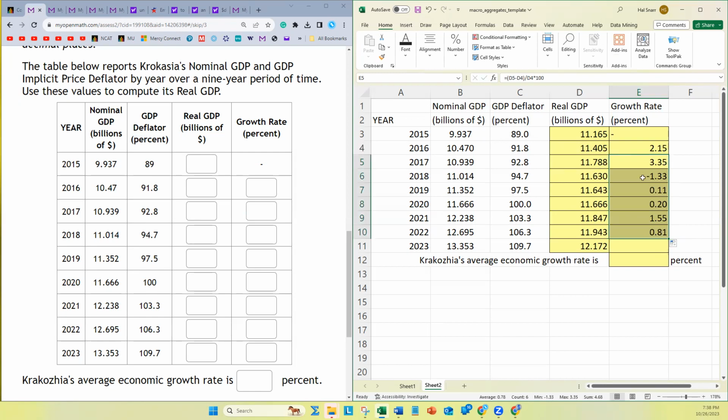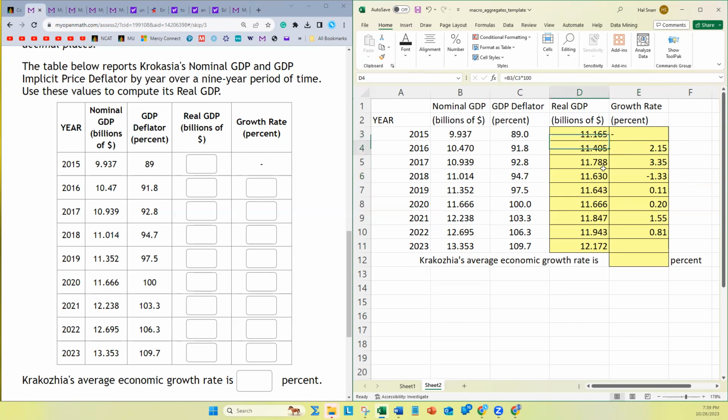Okay. So notice that we have a decline in real GDP from 2017 to 2018. Why? Because in 2018, GDP was $11.630 billion. It was 11.788. So that difference is negative, right? So we interpret that as GDP fell by 1.33%.